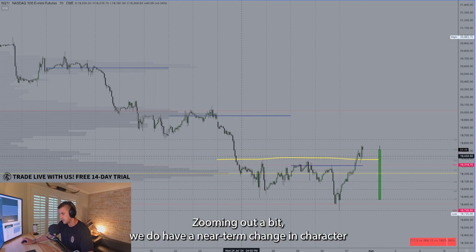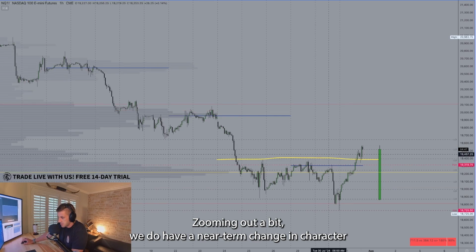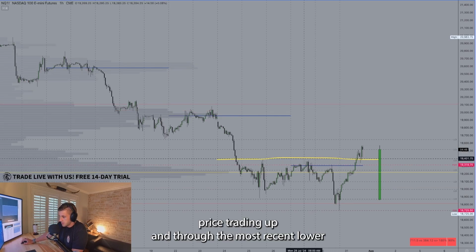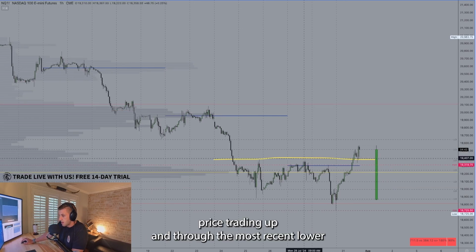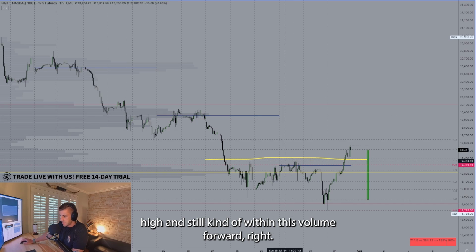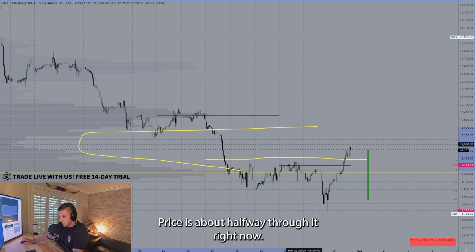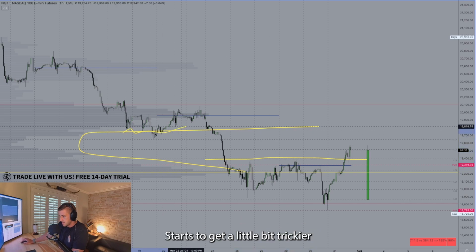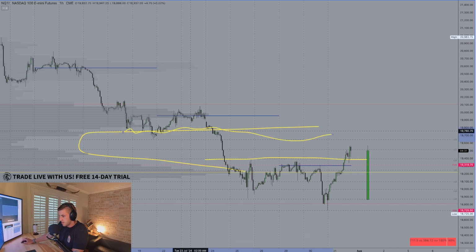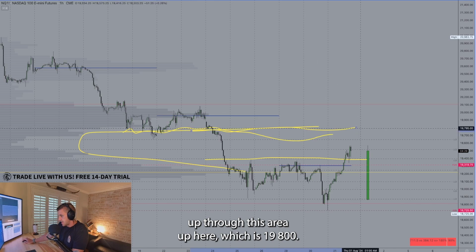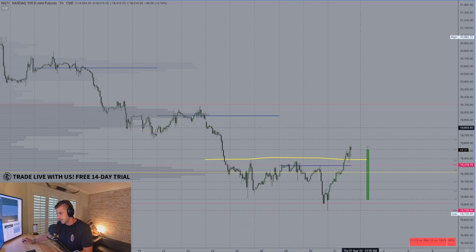Zooming out a bit, we do have a near-term change in character. Price trading up and through the most recent lower high and still kind of within this volume void, right? These volume voids tend to fill quickly. Price is about halfway through it right now. It starts to get a little bit trickier up through this area up here, which is 19,800.